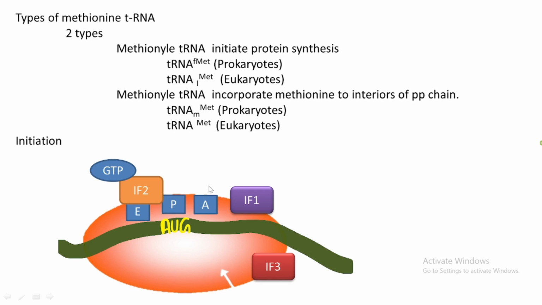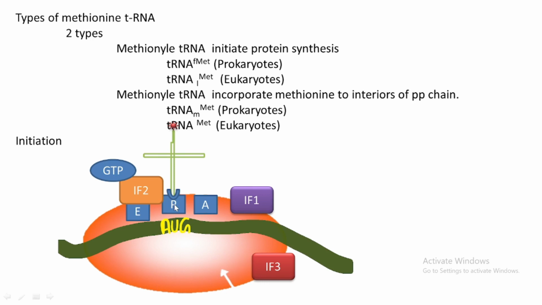Next, what happened? The tRNA carrying the first amino acid, the methionine, comes and binds with the P site of the ribosome. Because the methionine is the amino acid corresponding to the AUG codon, it comes and binds at the P site.